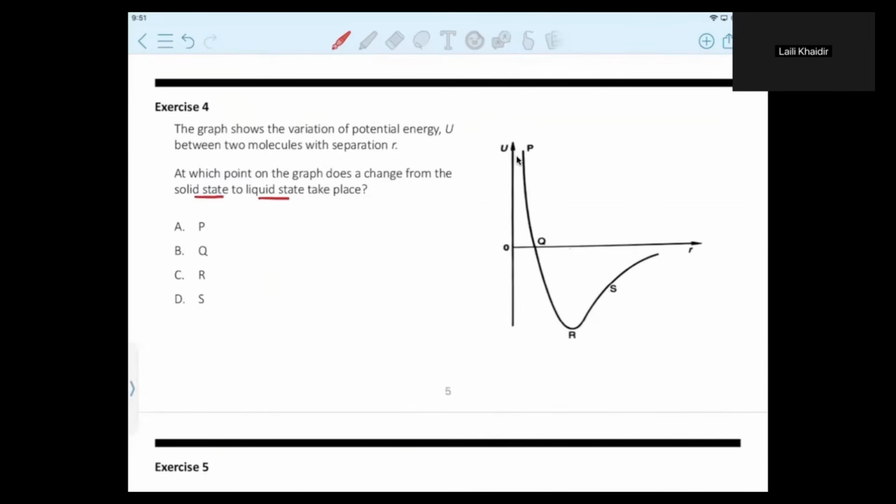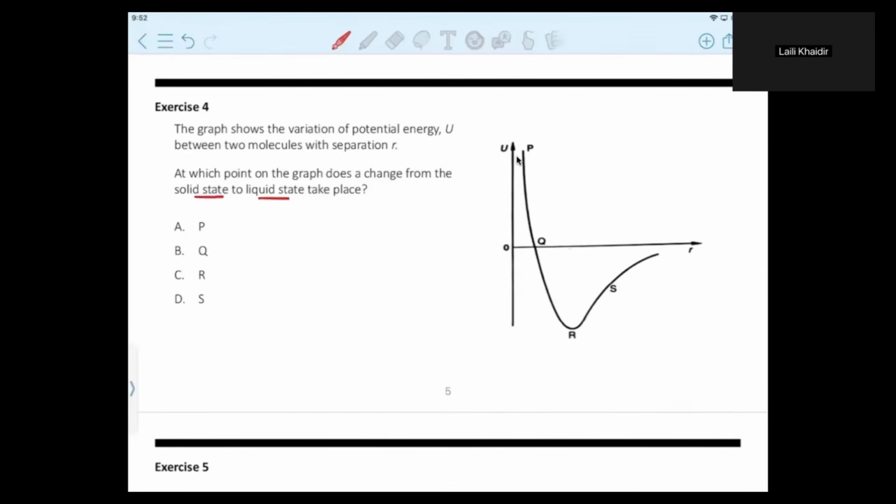We know that when the state of matter is changing, meaning from solid to liquid, the force of attraction is reaching the maximum point. Beyond that value, they cannot withstand the attractive force anymore. They will break the bond between the molecules.